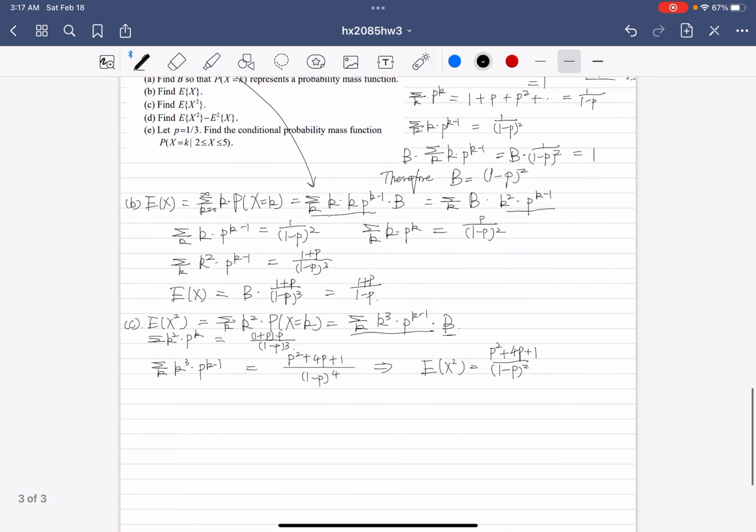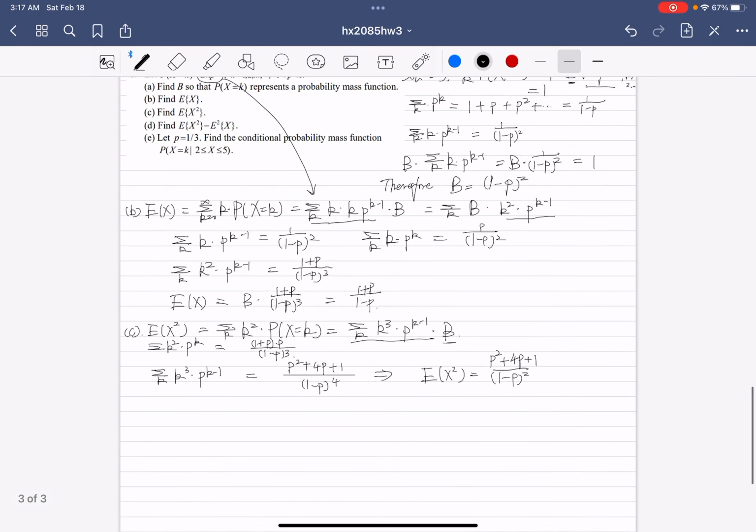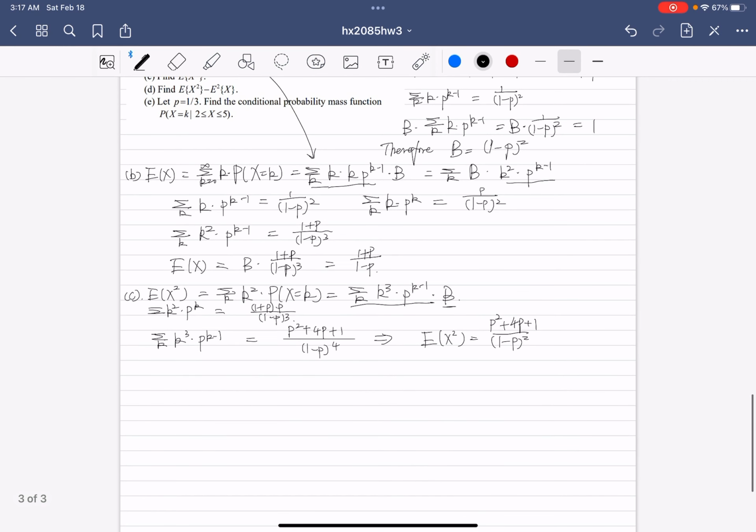Let's see the fourth part. We need to find the mean of x squared minus the square of the mean of x.